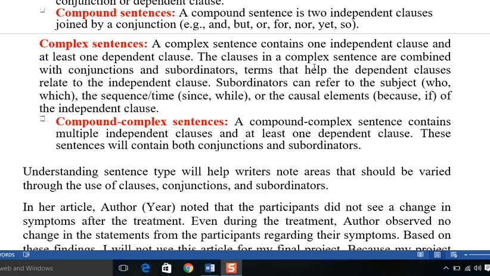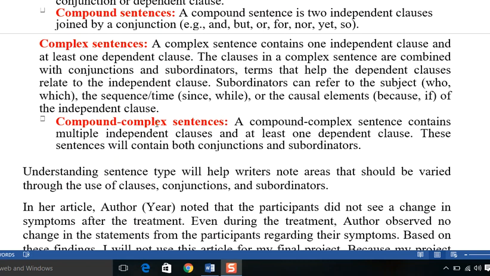The clauses in a complex sentence are combined with conjunctions and subordinate terms that help the dependent clauses relate to the independent clause. Clear? Words like therefore, because, if, who, whose, whom, which, since, while, they are the subordinate conjunctions, right?